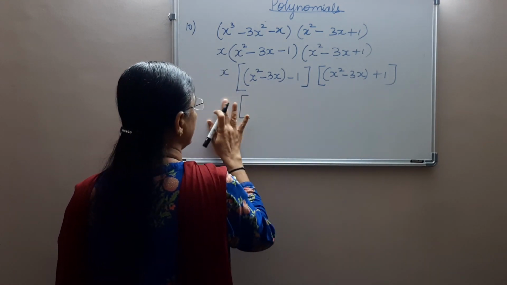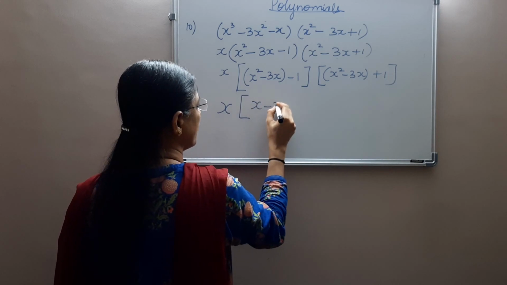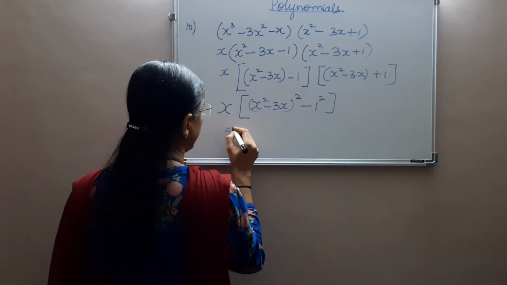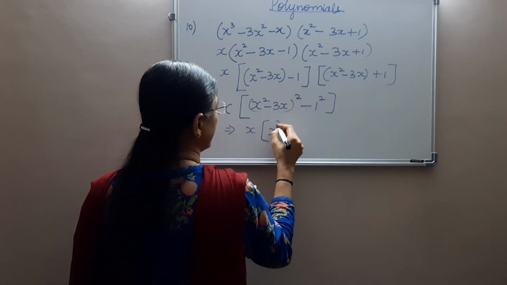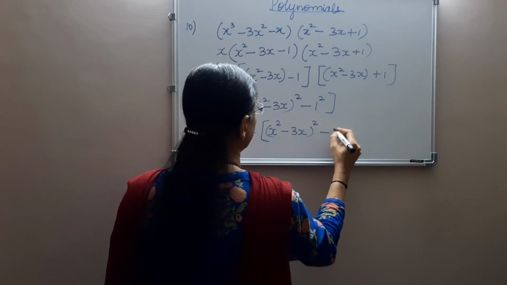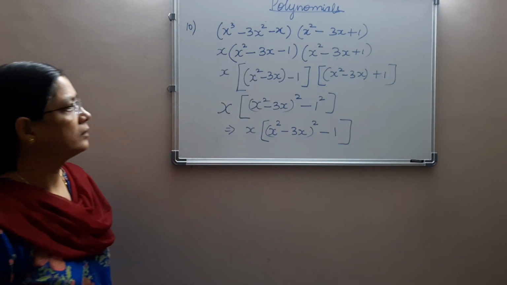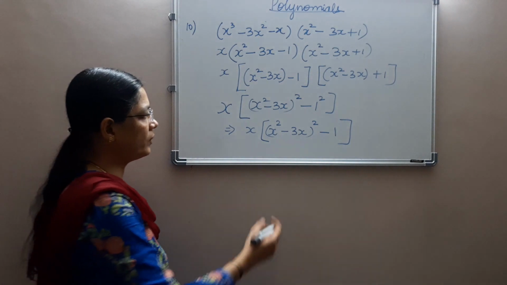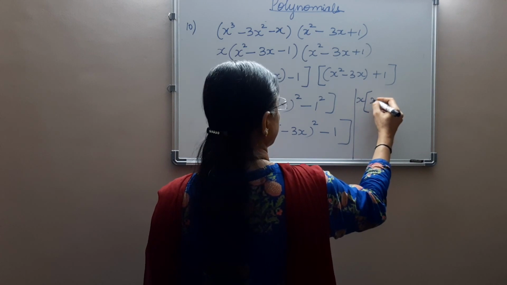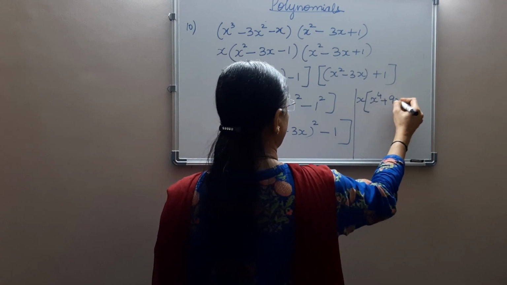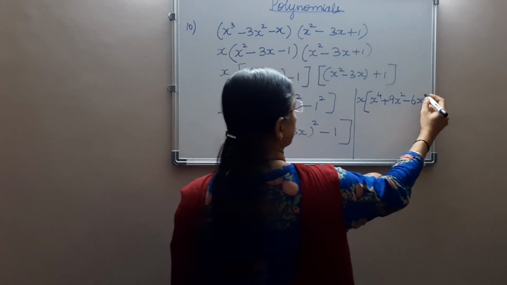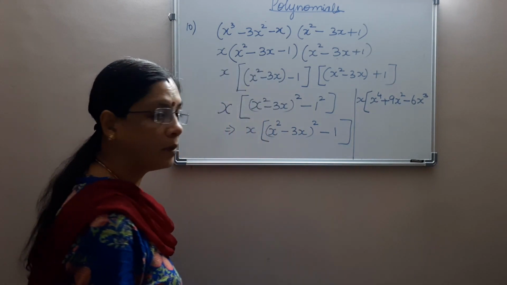What is the formula? A squared minus b squared, isn't it? So if I expand, this becomes x squared minus 3x the whole square minus 1. Do you understand? So this is what we get, and we can also expand this term, which will give you x power 4 plus 9x squared minus 6x into x squared, that is x cube.